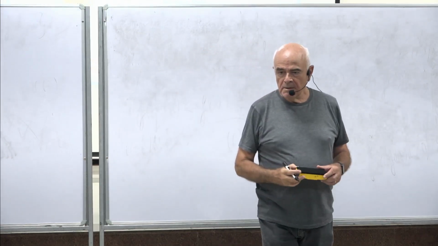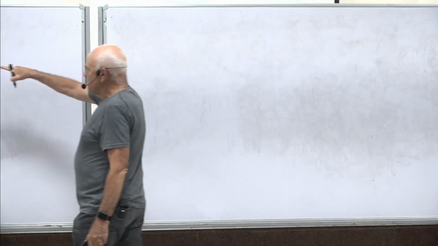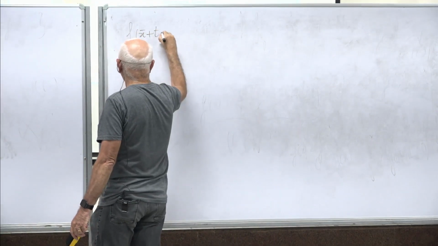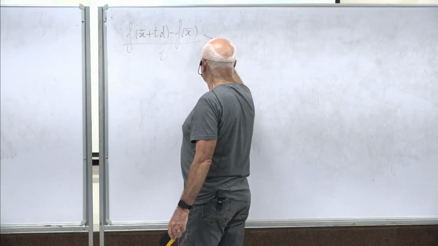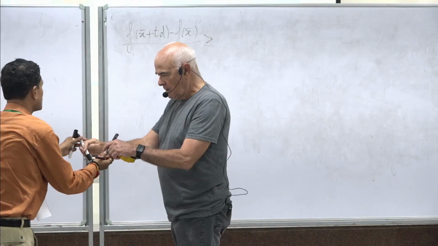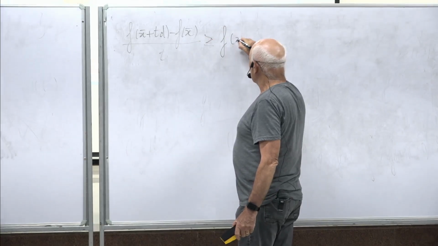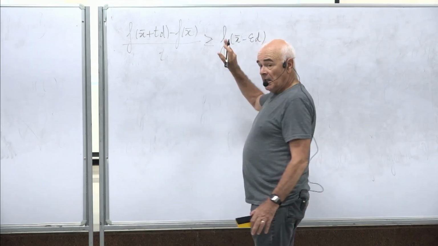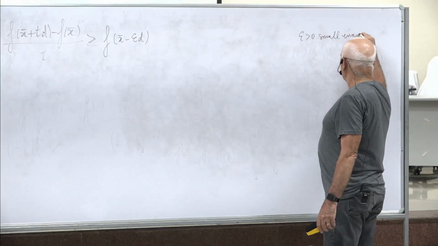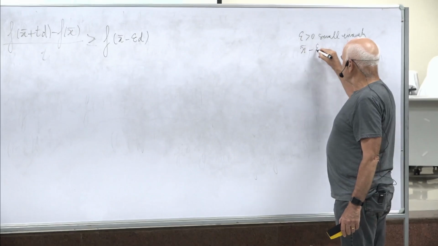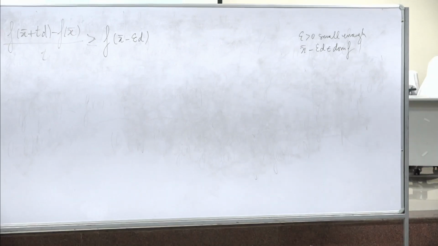So I told you that I didn't prepare the proof. I think we can easily prove that this expression is greater than or equal to f of x bar minus epsilon d, where epsilon is small enough so that x bar minus epsilon d is still in the domain of f, which is possible because x bar is in the interior of the domain.